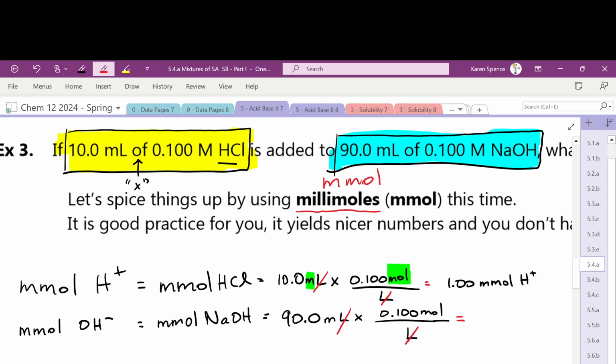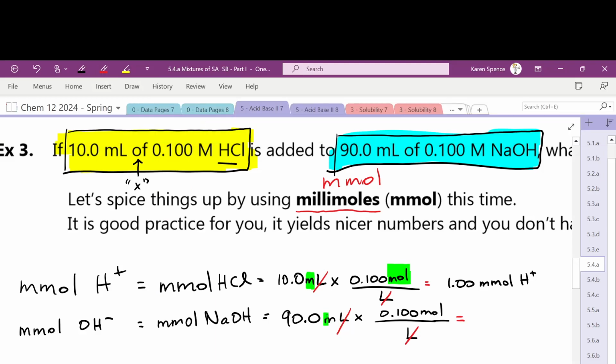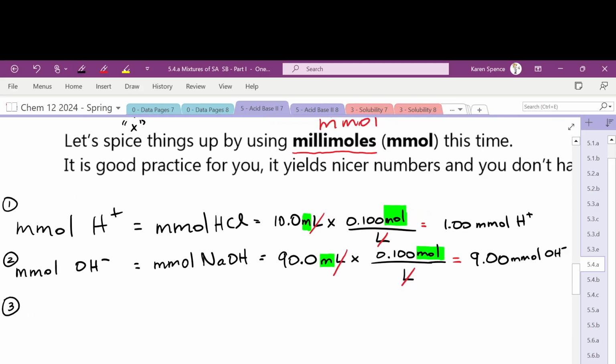And the liters cancel, and we are left with millimoles. So now our number, 0.1 times 90, is 9. So we have 9.00 millimoles of OH minus. So step 1, find millimoles of H. Step 2, find millimoles of OH. What is step 3? Draw a RICFA table. Okay.